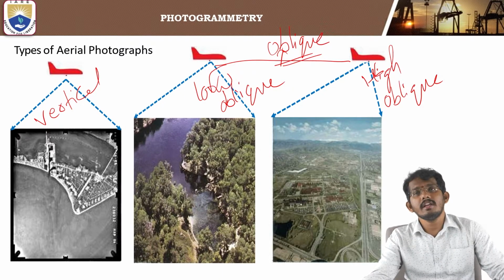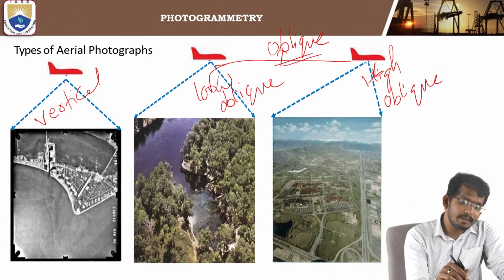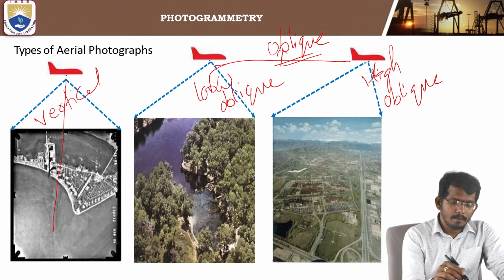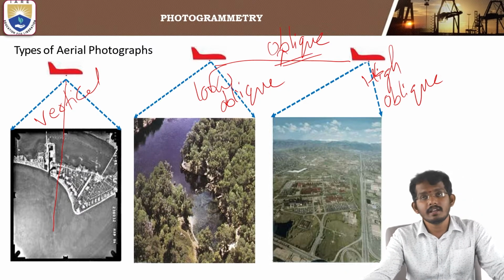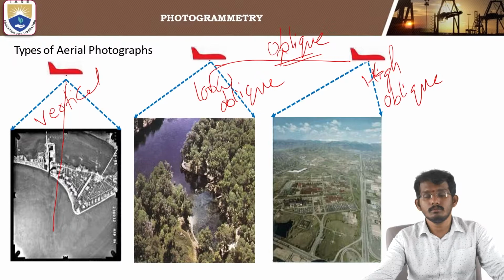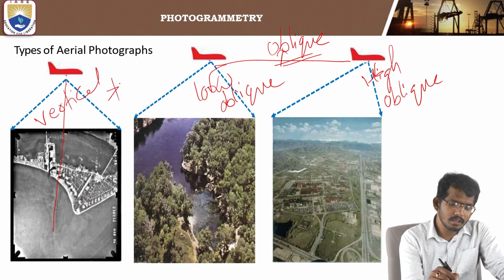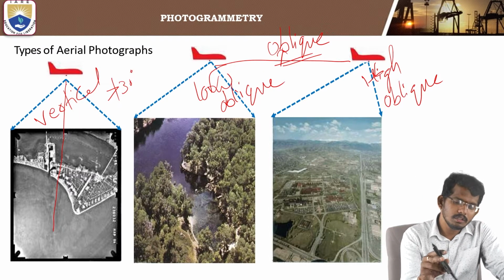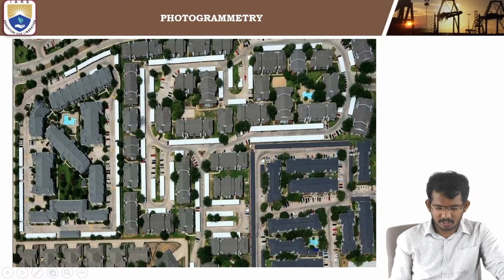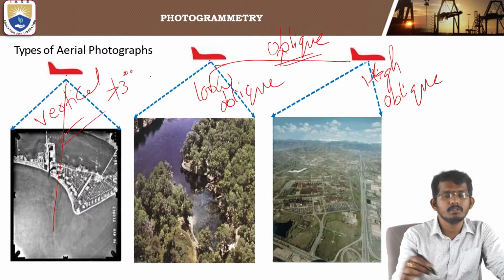If I want to say a photograph is exactly vertical, the camera axis is exactly parallel to the plumb line. If the camera axis is not tilted more than 3 degrees, then such photographs are called vertical photographs.